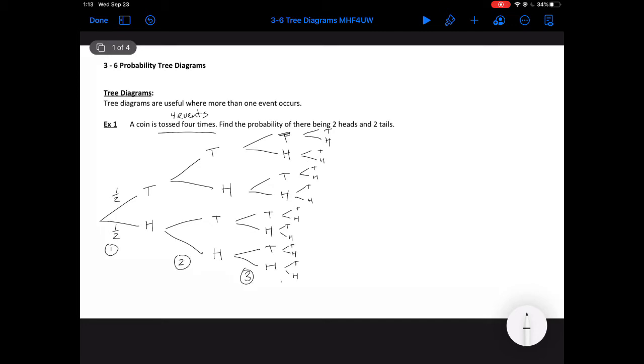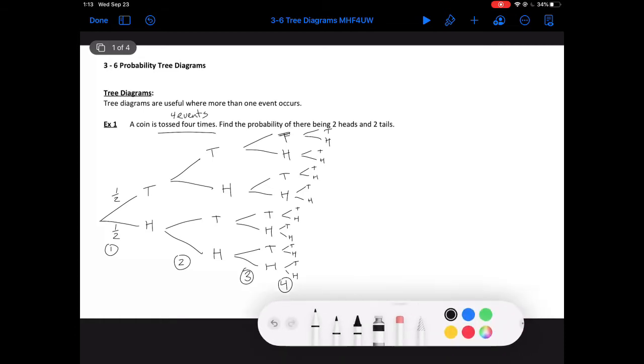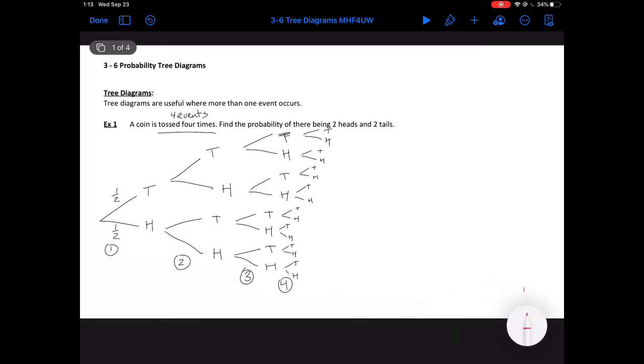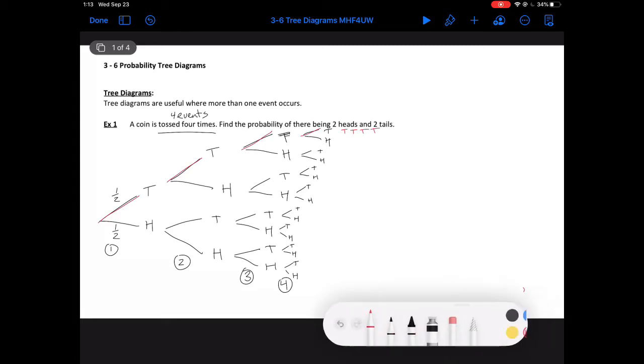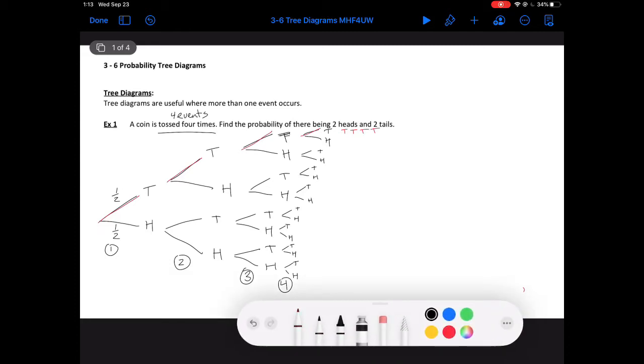So each branch of our tree represents the flip of the coin. If you follow along all the branches, you will get all the possible outcomes. So for example, if I follow along on my first branch, T, T, T, T, that outcome would be 4 tails in a row, and I can keep going down my list.